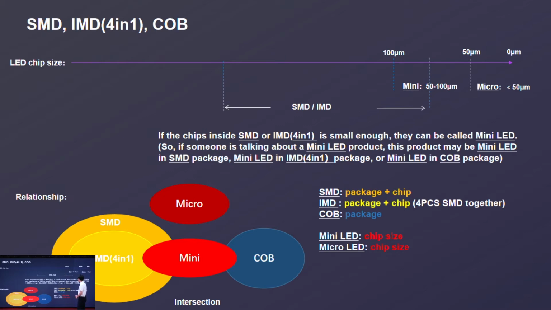SMD, IMD, and COB refer to package and chips, while mini LED and micro LED only stand for chip size. We can see the relationship from the graphic below: mini LED includes SMD, IMD, and COB, so they have some intersection, but none of them belong to micro LED.